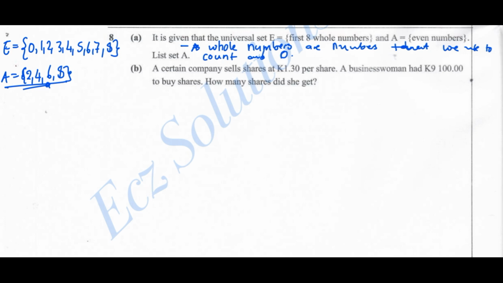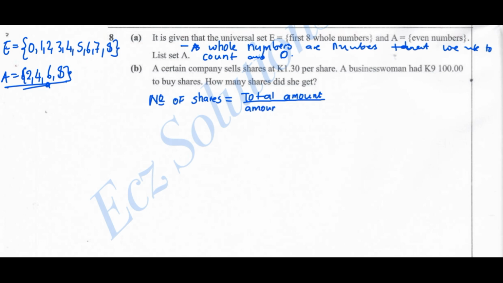Then for question B, a certain company sells shares at 1.30 kwacha per share. A business woman had 9,100 to buy shares. So how many shares did she get? So the number of shares will be equal to the total amount of money divided by the amount per share.